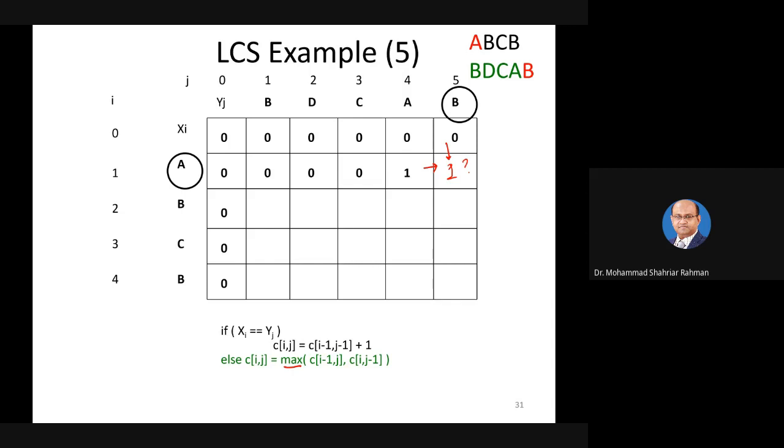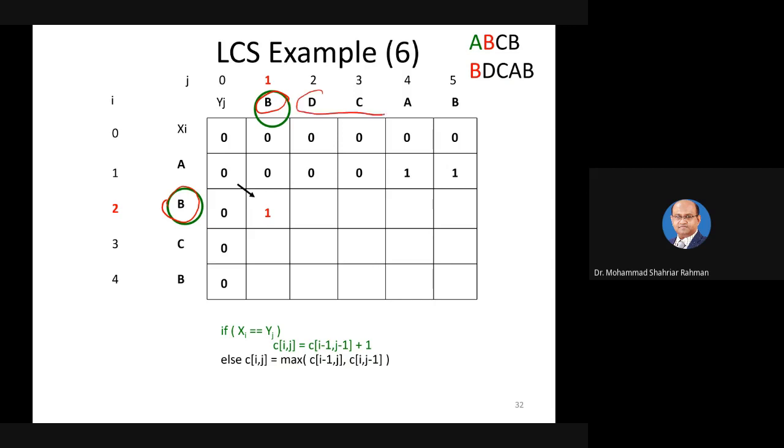Now, next iteration. আমাদের I1 এর জন্য যে সবগুলো স্ক্যান করা শেষ, then we move on to I2. B. So A, B, and then again we have B. So there's a match, and we take 0 plus 1. 1. Then we move forward.